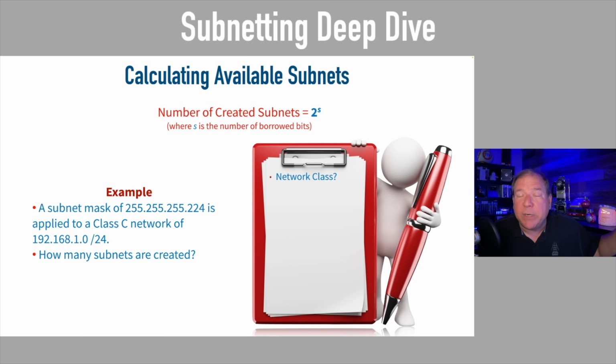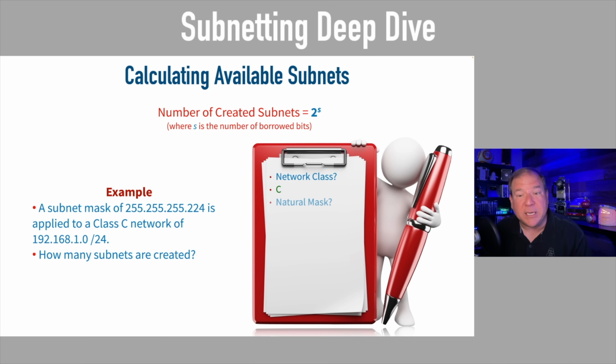Well, if I were dealing with a class B network, and I applied a /27 subnet mask, then I just borrowed, let's see, 16 to 27. I just borrowed 11 bits. That's going to give me a very different answer than for a class C network. This is why I was saying it's so critical to understand what class of address we're dealing with and what its default subnet mask is.